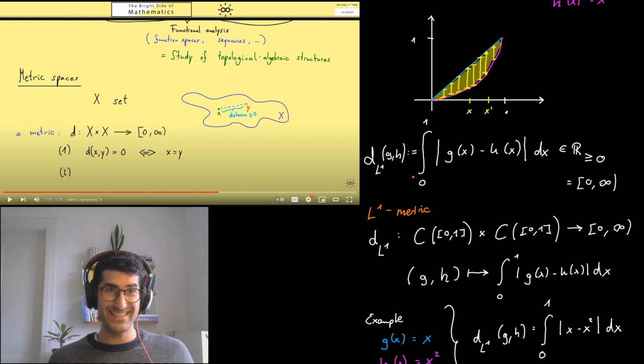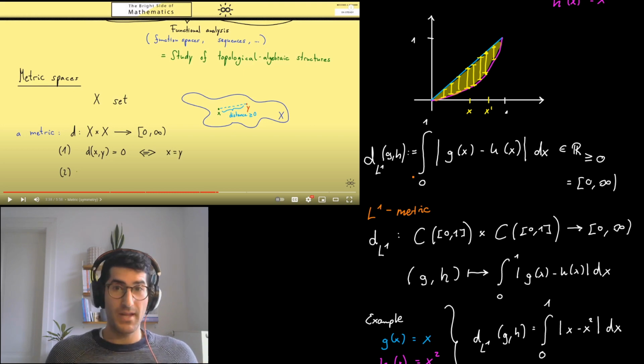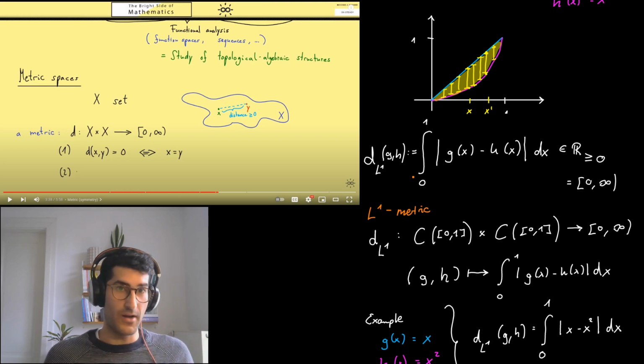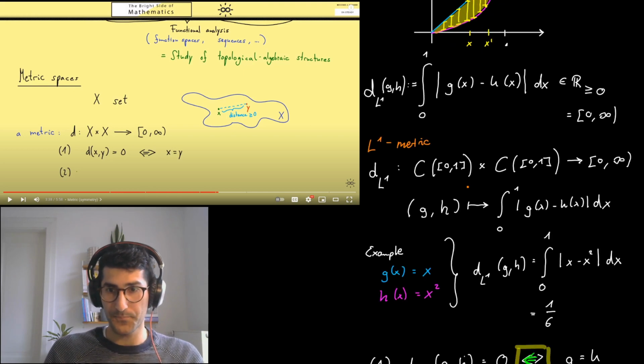But keep in mind, this is just an example. There are far more abstract metrics and metric spaces where one cannot talk about anything that is easily visualized in a graph. But in this example, it works extremely well.